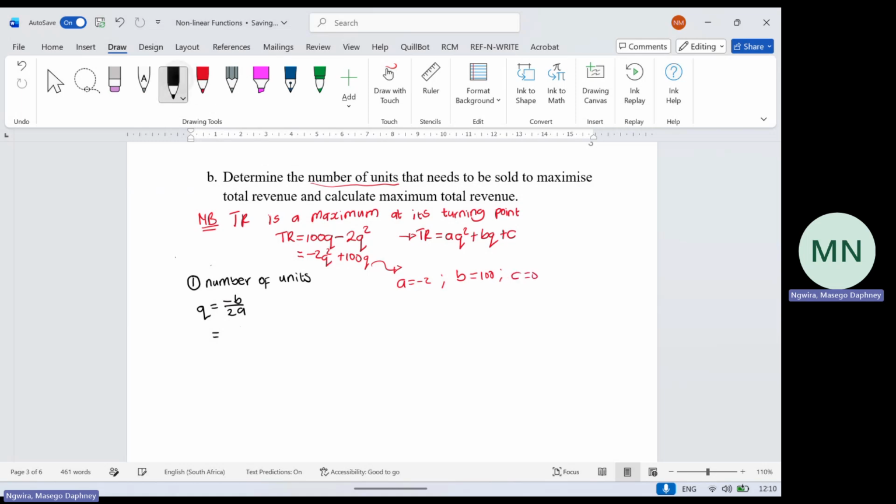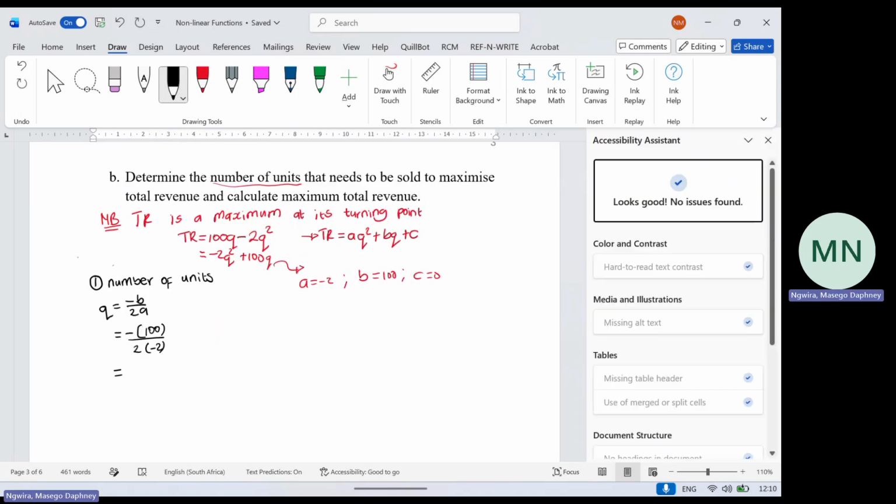So I'm just going to substitute everything here. I will have negative 100 over 2 times negative 2.